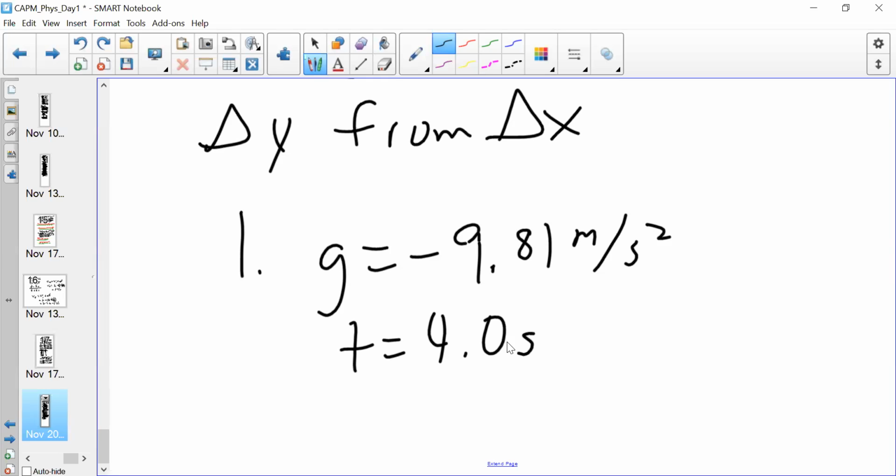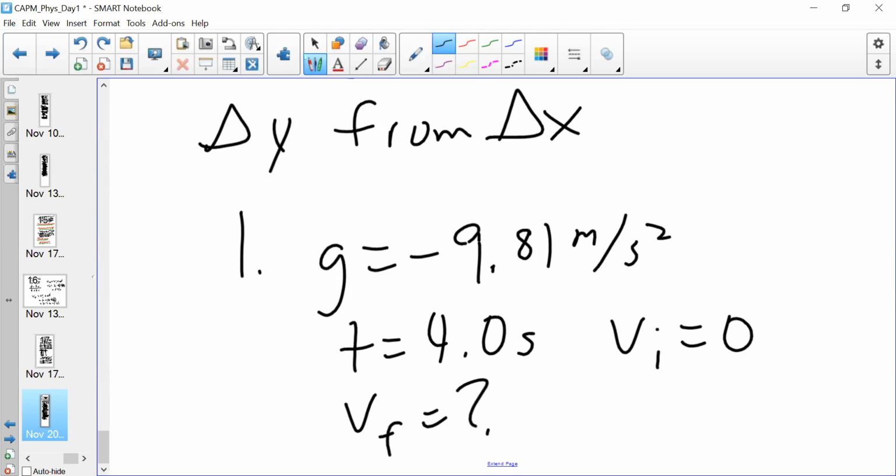Now, taking the equations on the right, we're trying to figure out a final velocity. We know our initial velocity is 0 because he just drops the brick. He's holding it, drops it. So it's going to achieve a final speed, which we don't know, and we're trying to figure out.